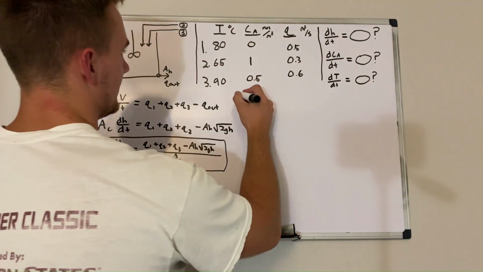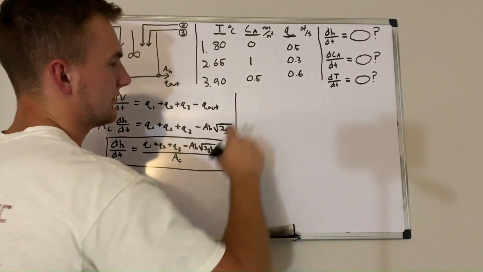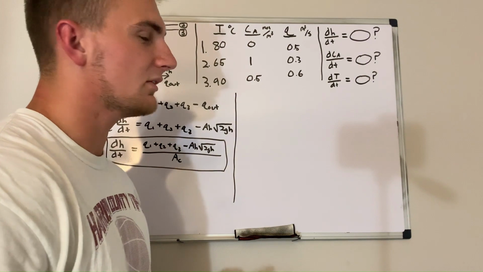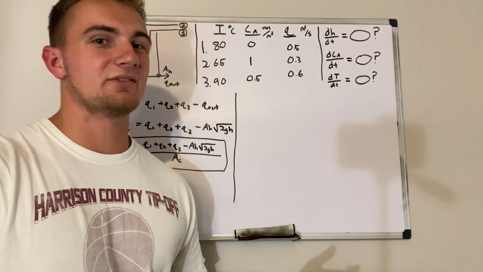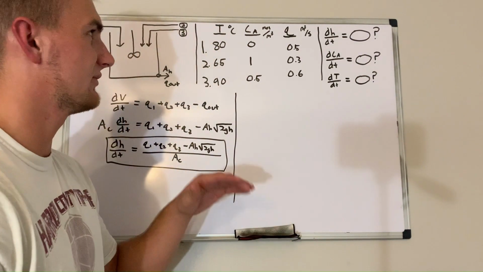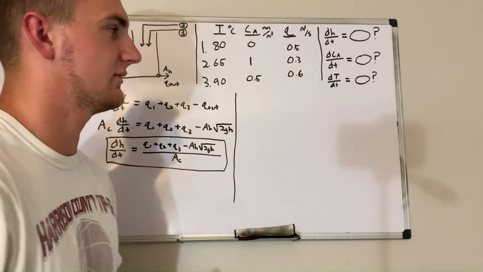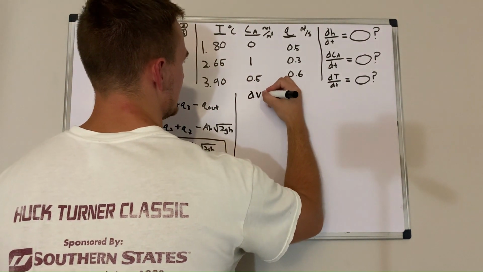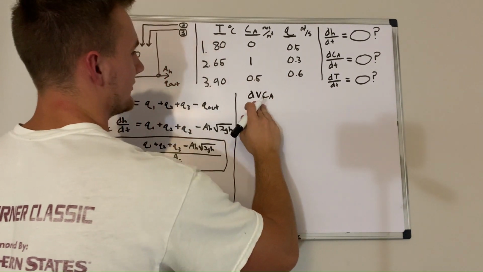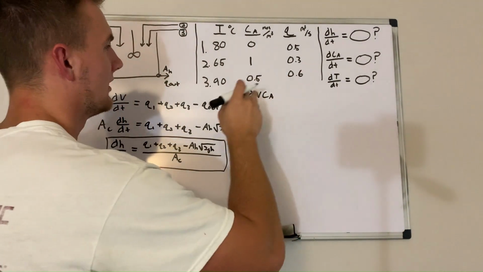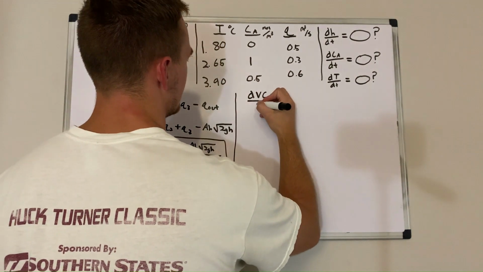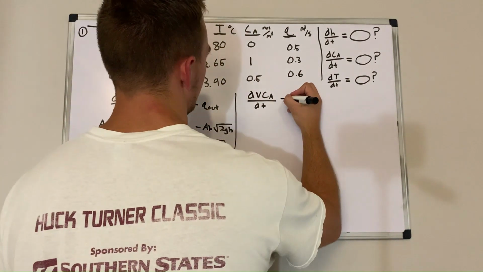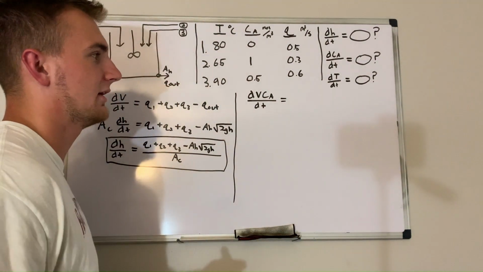Next, let's take a look at the concentration of A. What we can look at here is the total amount of A that is coming into the tank and then leaving the tank. So if I write something like d(V Ca) over dt, essentially the amount of Ca over time. Again, we just use a mass balance here.